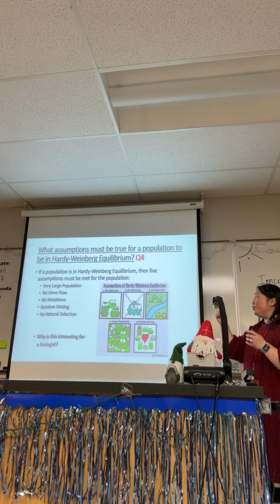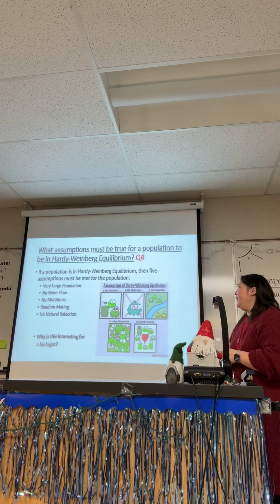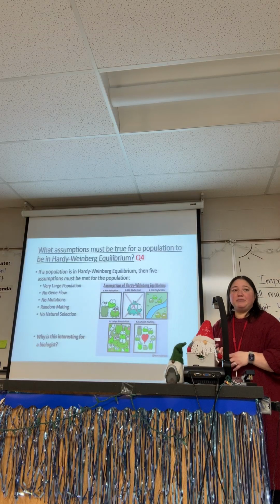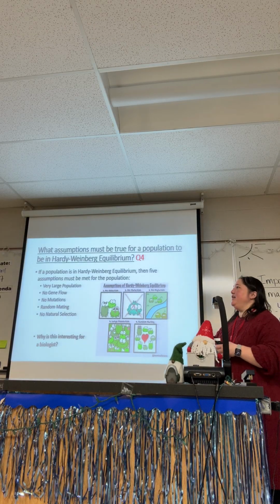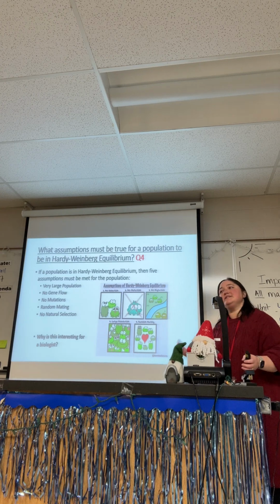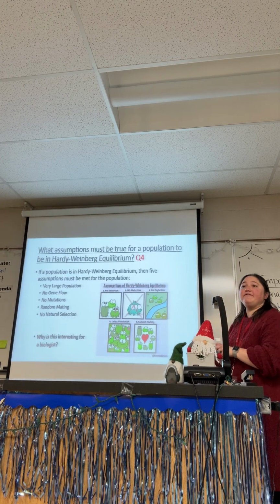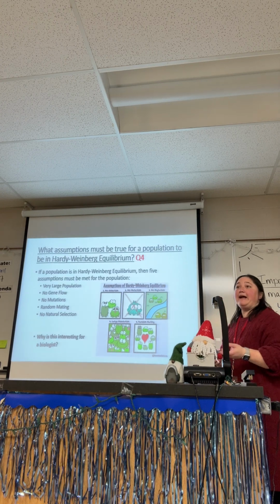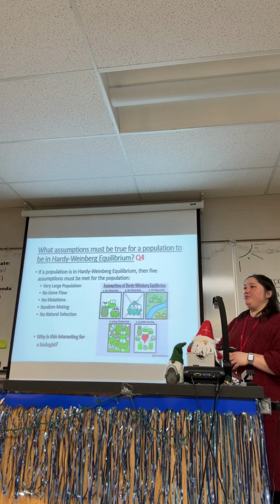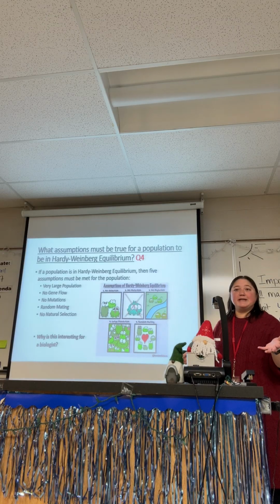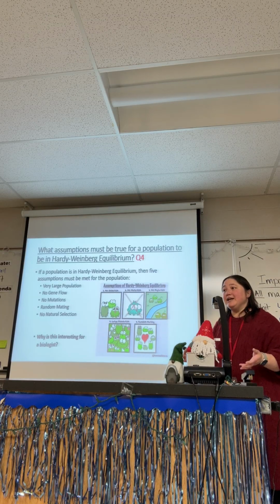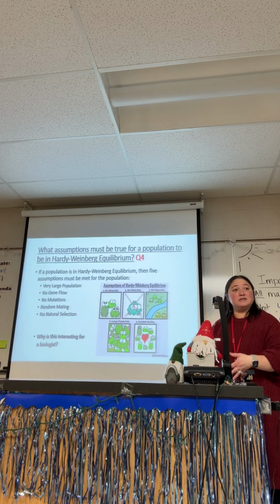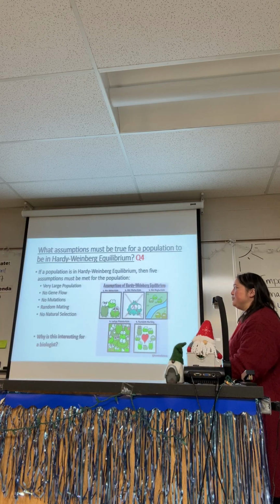Those 5 rules, or assumptions, as we call them, are that we have to have a very large population. So we're looking at thousands and thousands, not a very small sample like 5. If we were to look at the school, for example, we would want to look at the entire school, not just everyone in this 3rd period class as a sample size. So we want to look at a very large population.